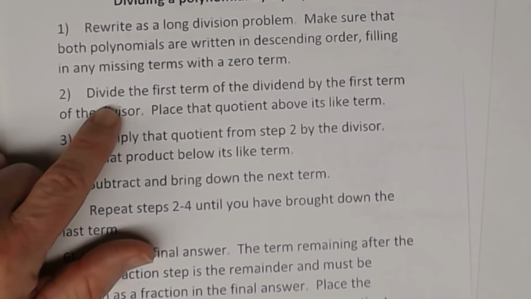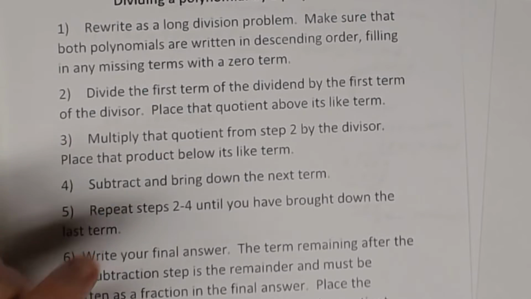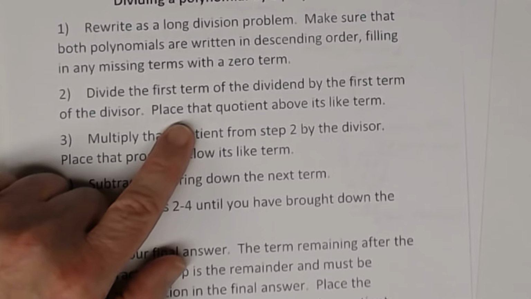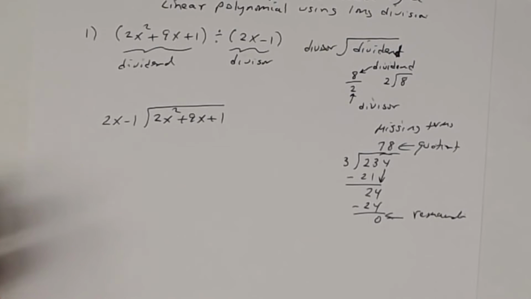Second thing, we divide the first term of the dividend by the first term of the divisor. And we're going to place that quotient above its like term. So here's what we're saying here. Okay, so step 2.